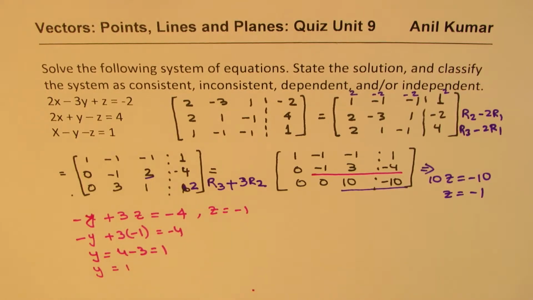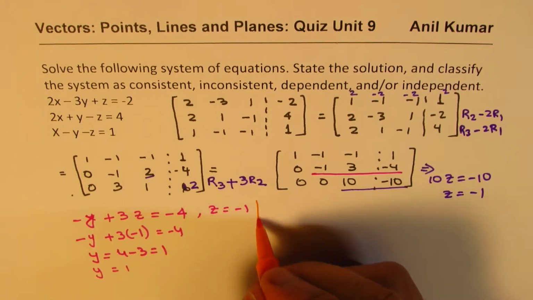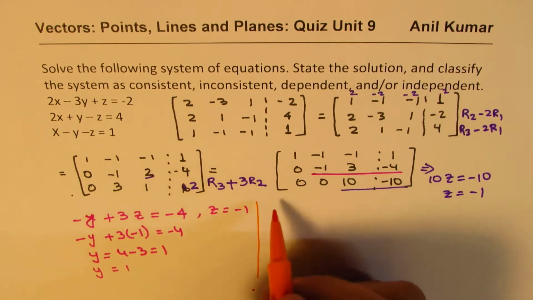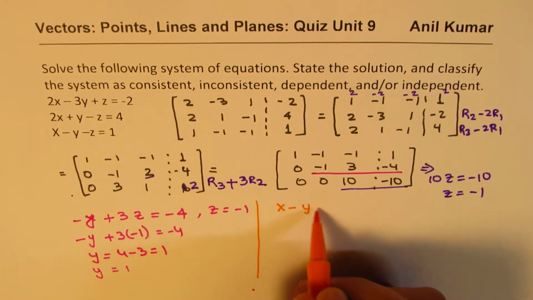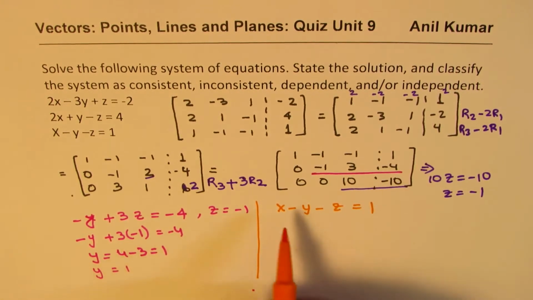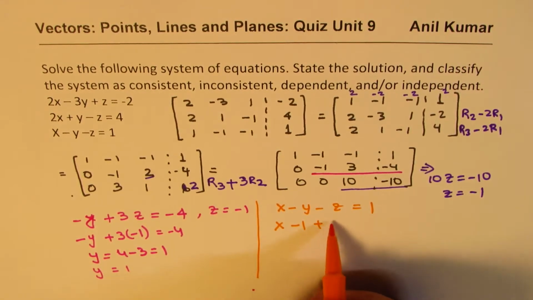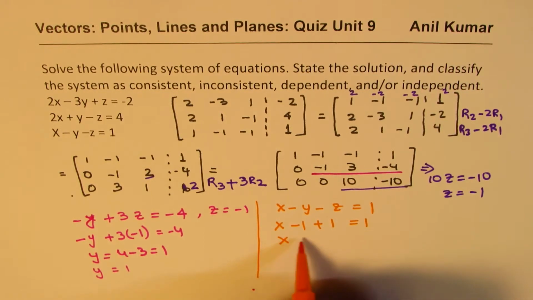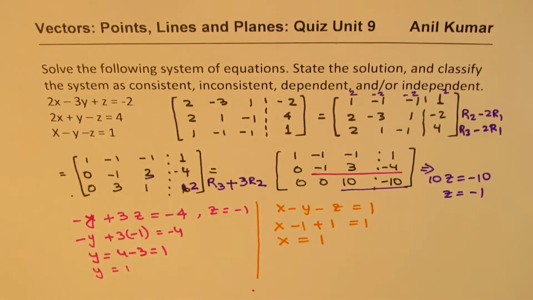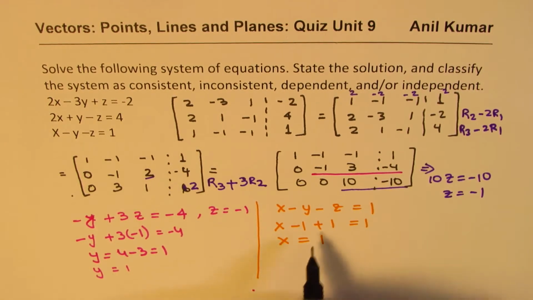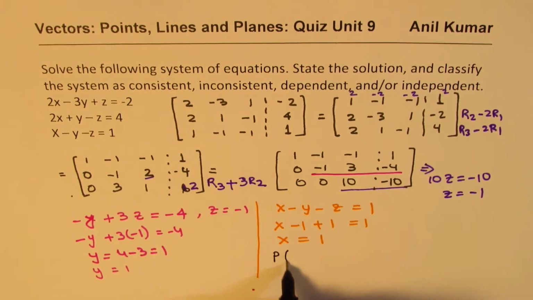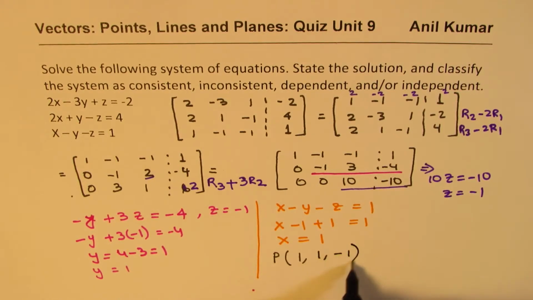Now let's find the x value. So x minus y minus z equals 1. So x minus 1 plus 1 equals 1. So x equals 1. So we get the values of x, y, and z, and they are intersecting at a point. x is 1, y is 1, and z is minus 1.